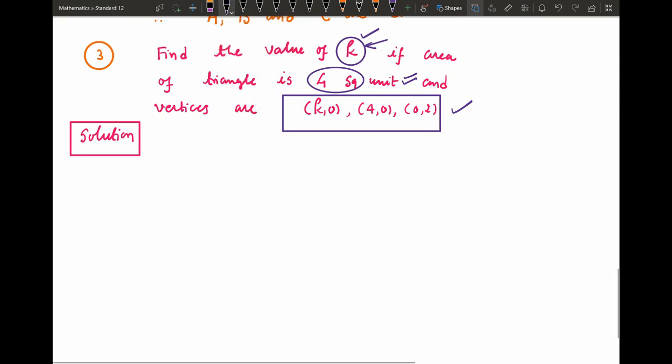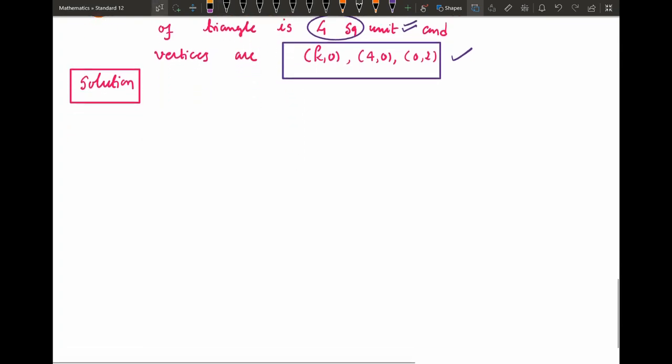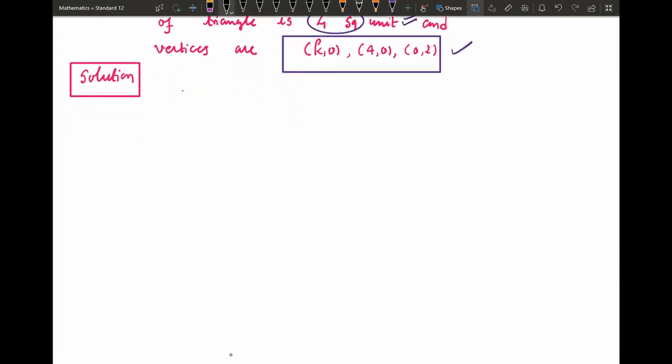So first we give names to the vertices. Let A be k, 0, B be 4, 0 and C be 0, 2.